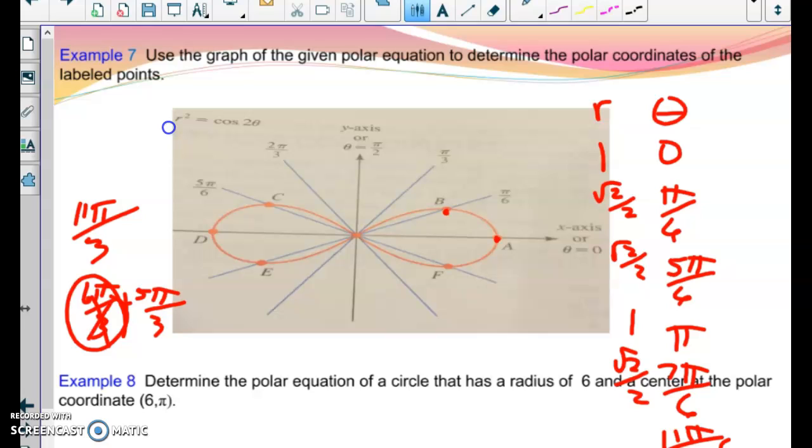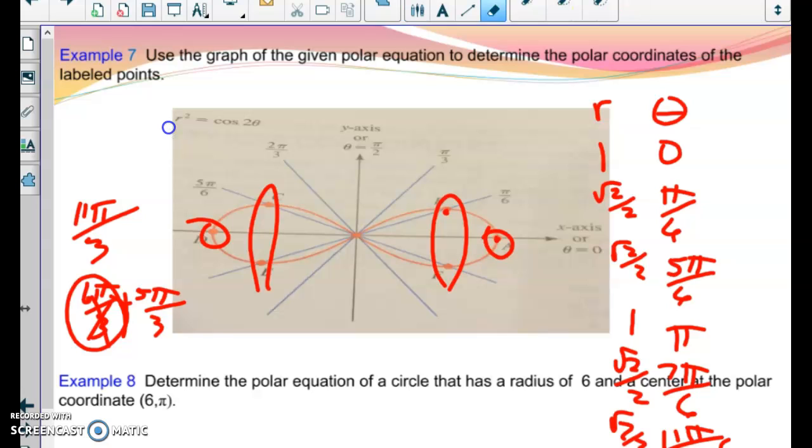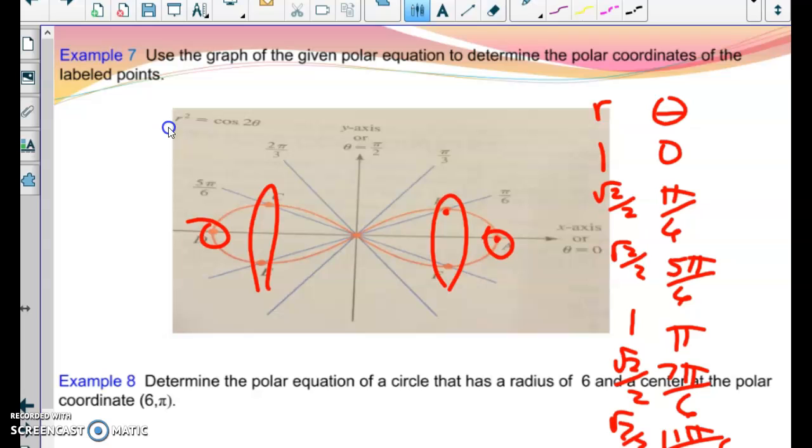And then my cosine at 5 pi over 3, we had that answer before, and that's the square root of 2 over 2. So these values are all at square root of 2 over 2. This one's at 1, and this one's at 1, because our r's aren't negative, because it's out there at that angle. Perfect. All right, so I got all those values.